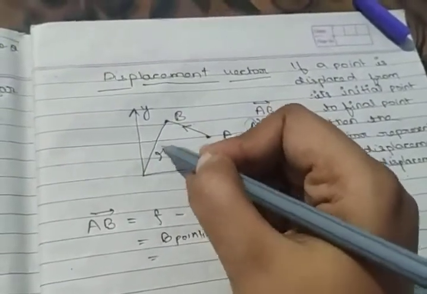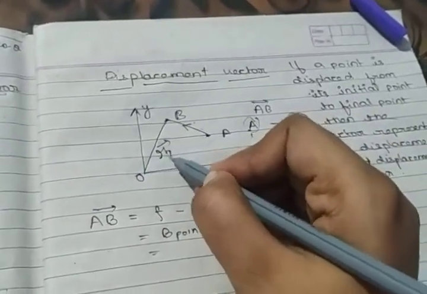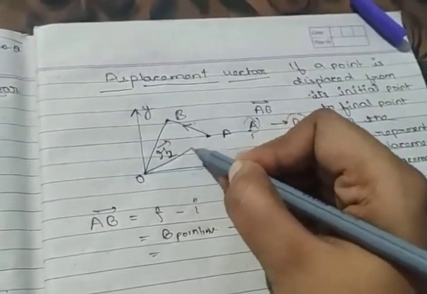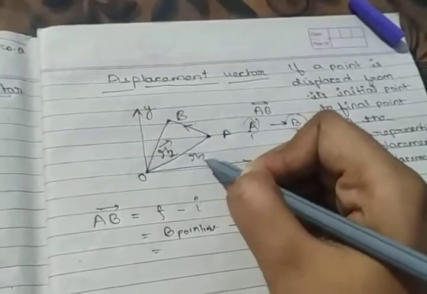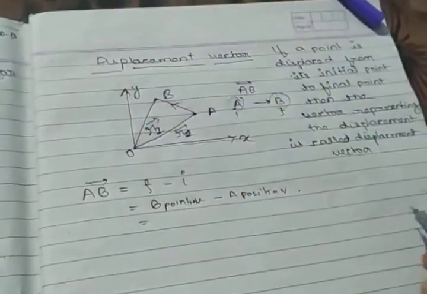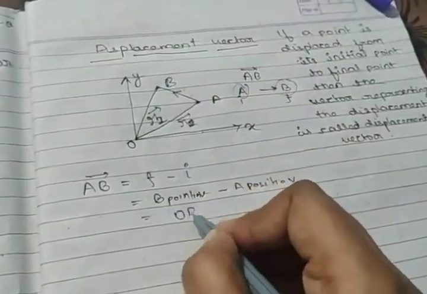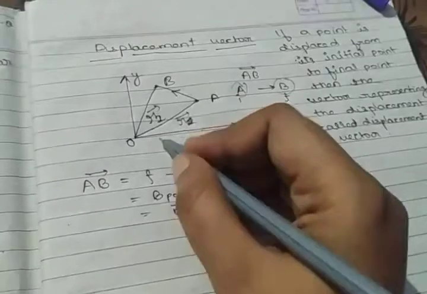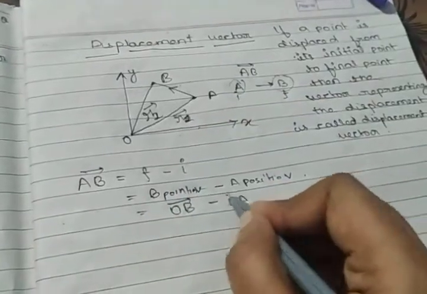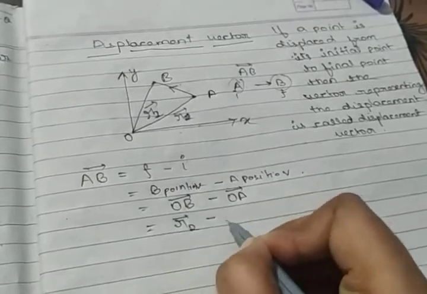Let me name it as R2, and if I join A to the origin, I'll get the A position vector. Let me name it as R1. So what will happen? Position vector of B, that is OB, minus position vector of A, that is OA. Or I can also write it as R2 minus R1.